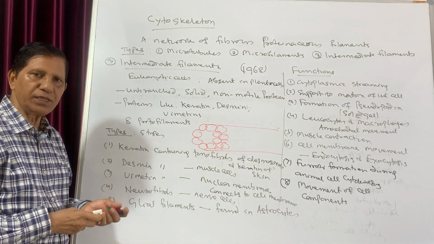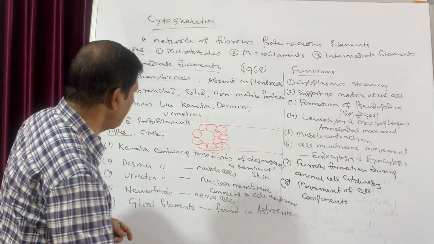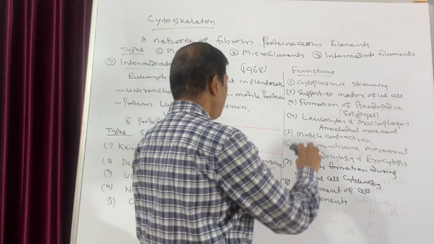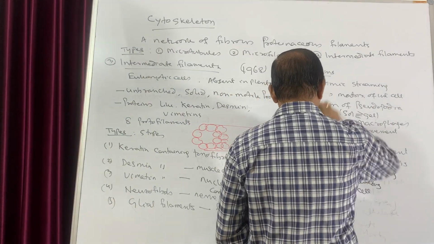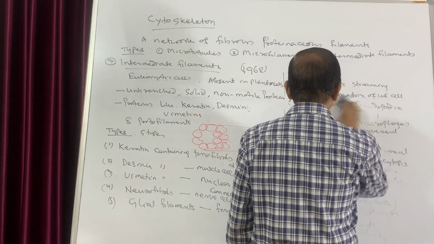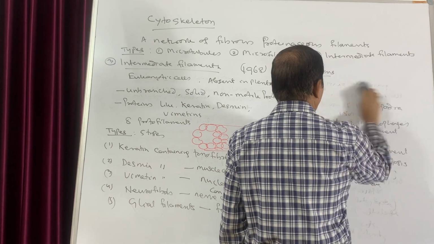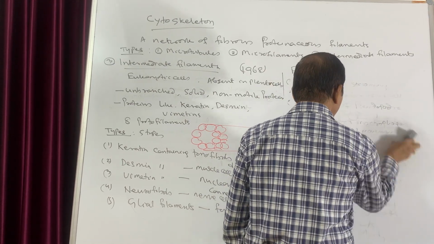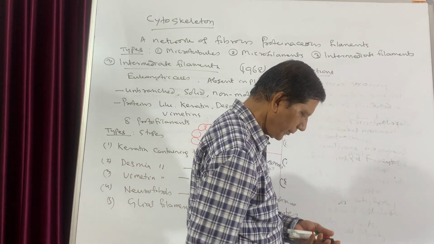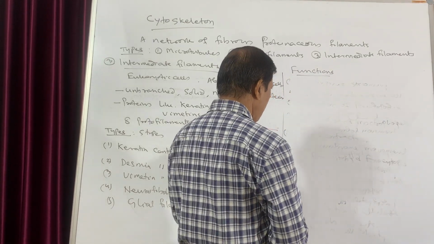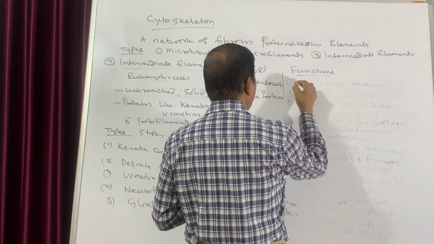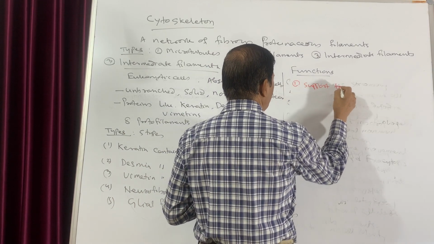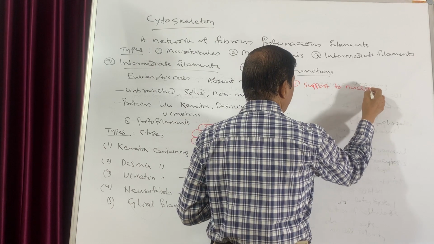Now if we come to the function, what are the different functions carried out by these intermediate filaments? So we'll discuss the functions here. One of the functions is support to the nuclear matrix.